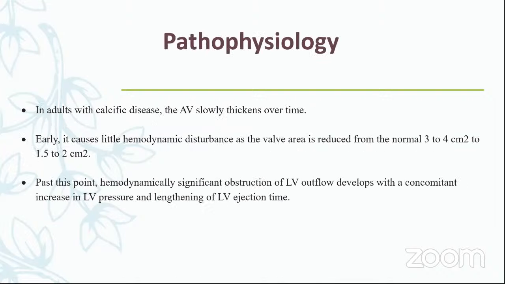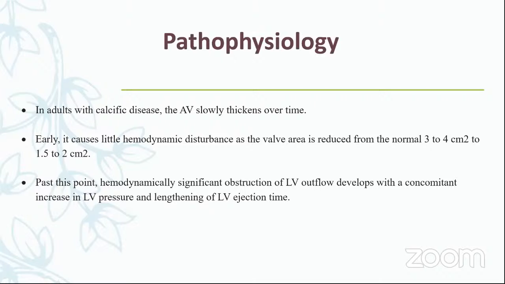So what is the pathophysiology of aortic stenosis? In adults with calcific disease, the aortic valve slowly thickens over time. Early, it will cause little hemodynamic disturbance as the valve area is reduced from 3 to 4 centimeters squared to 1.5 to 2 centimeters squared.